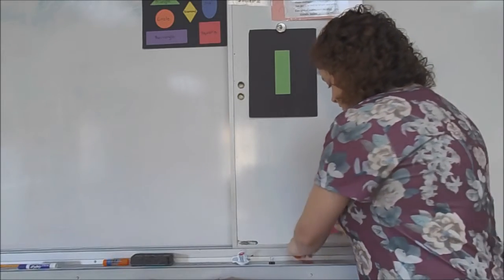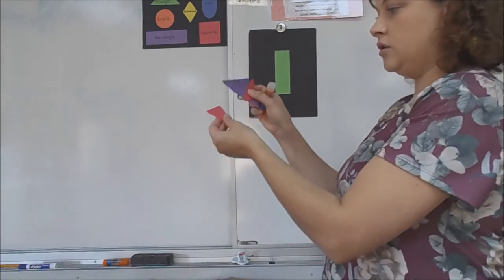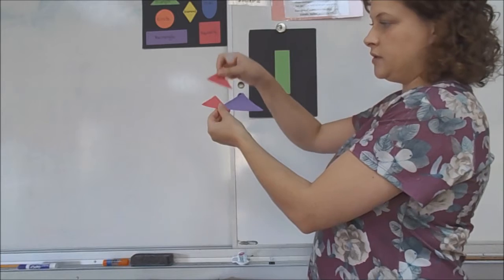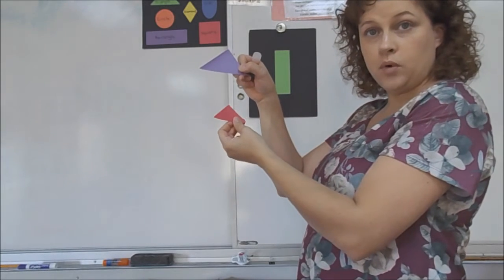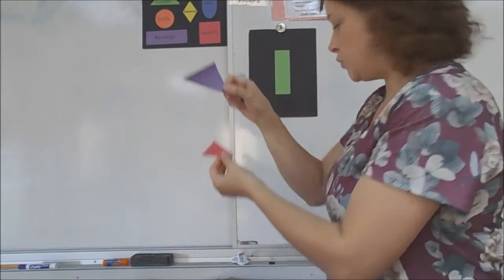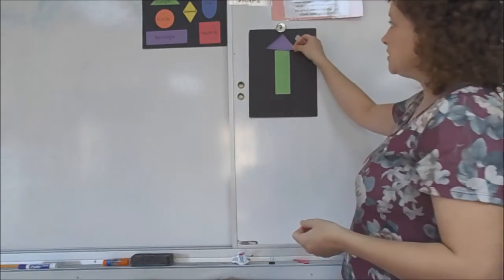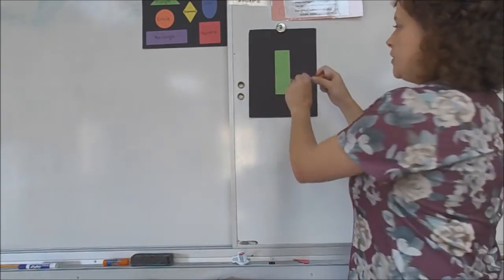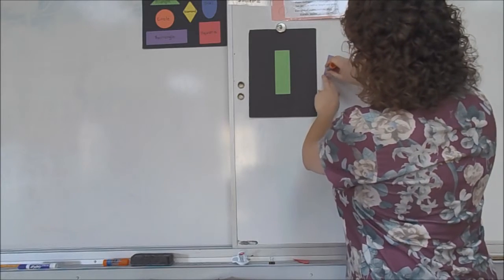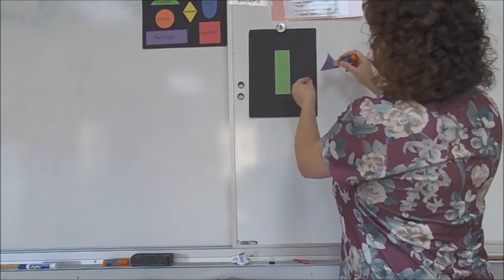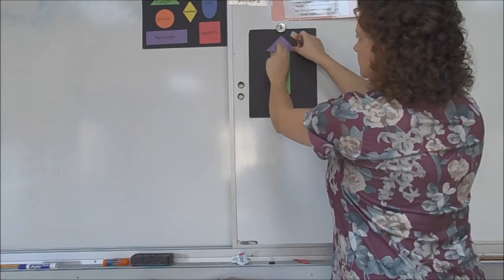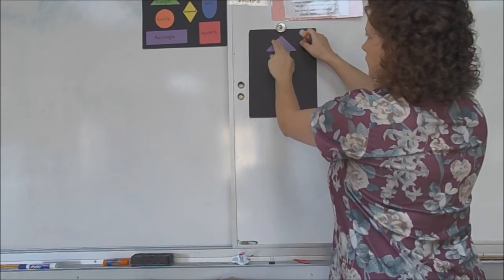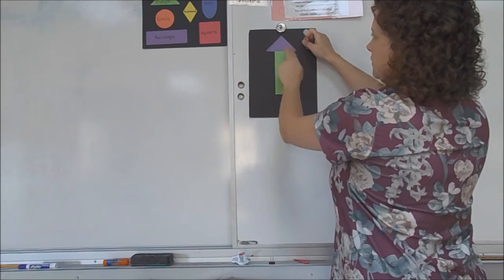Now, the other 3 shapes we have are all triangles. But you'll notice 2 are smaller than 1. So this larger one is going to be the top of your rocket ship. So we're going to put the glue on the back of it and glue it to the top. Use your fingers, press gently.